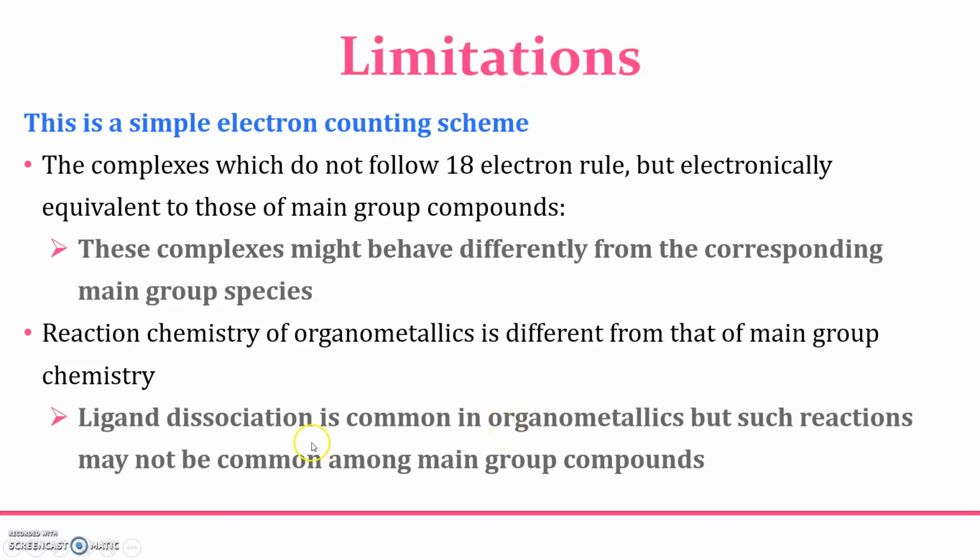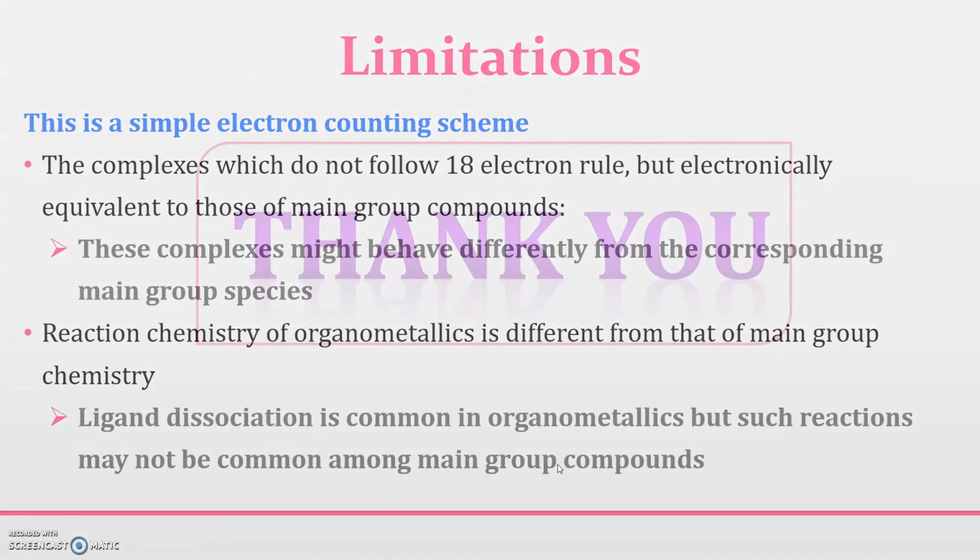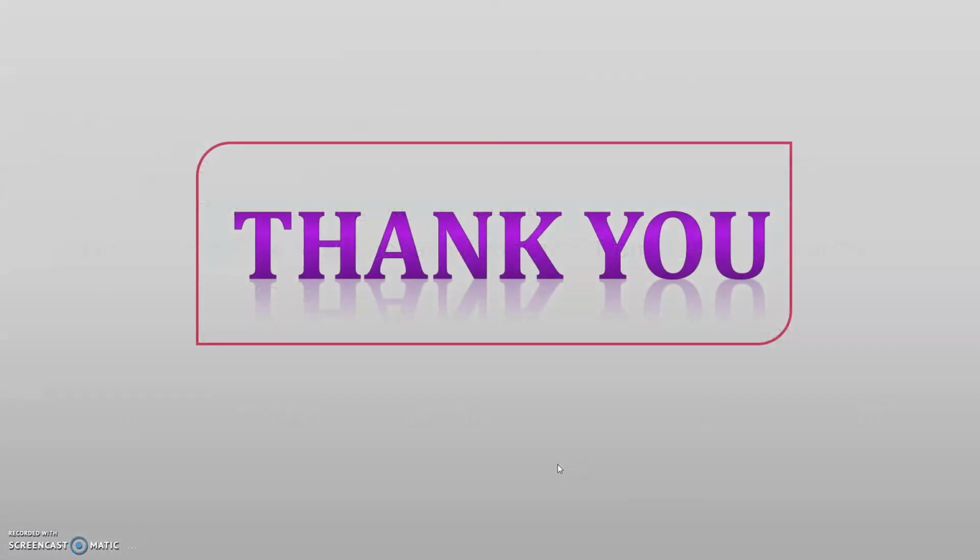Most of the times the carbonyl group will be dissociating from the complex in order to undergo many reactions. But such reactions where the ligand dissociation or the peripheral atom dissociation is not common among the main group compounds.